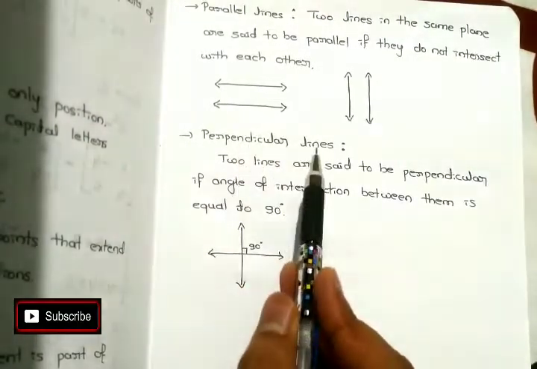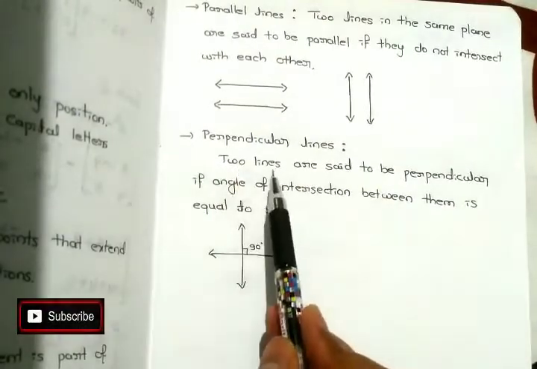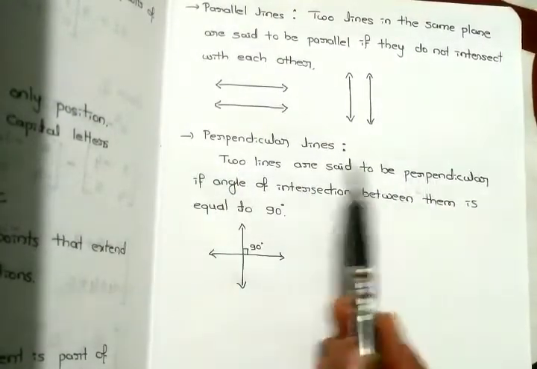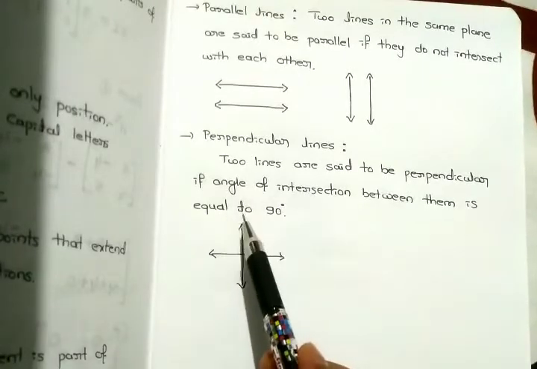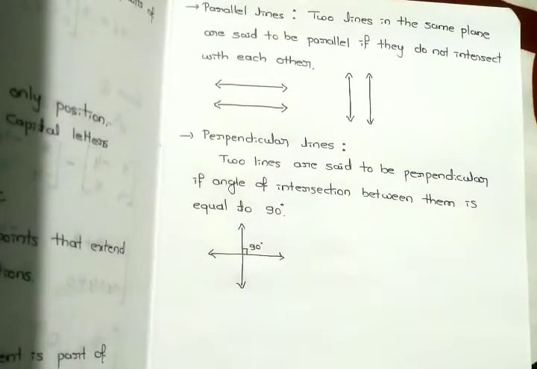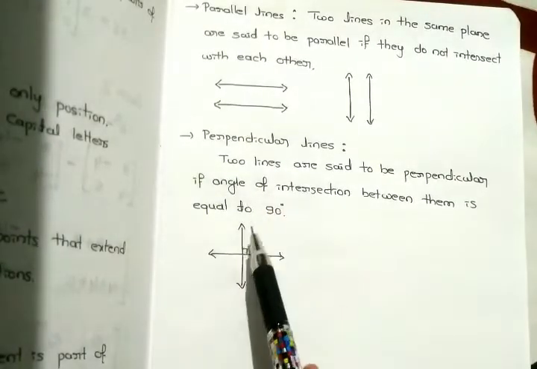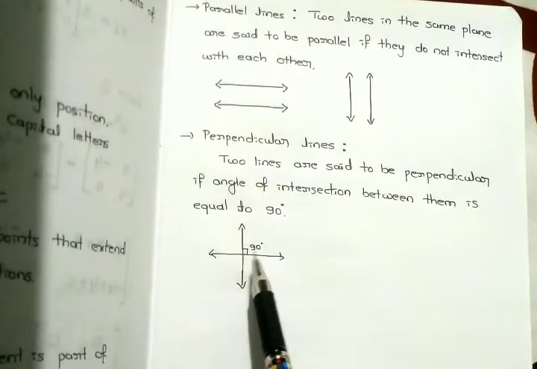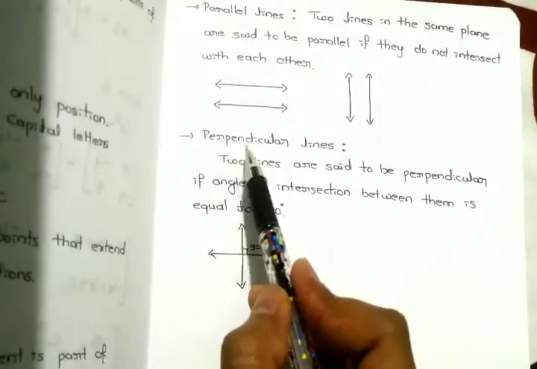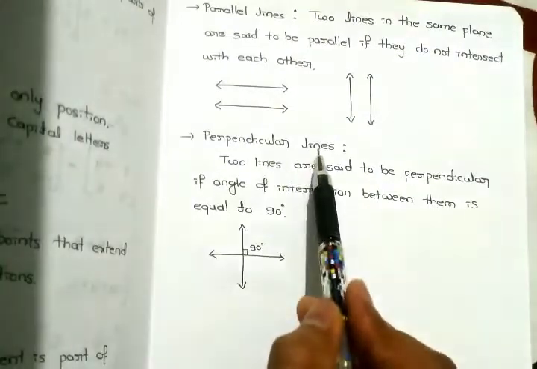Next, perpendicular lines. Two lines are said to be perpendicular if the angle of intersection between them is equal to 90 degree. This is the definition. It means if two lines' meeting point is 90 degree, such types of lines are called perpendicular lines.